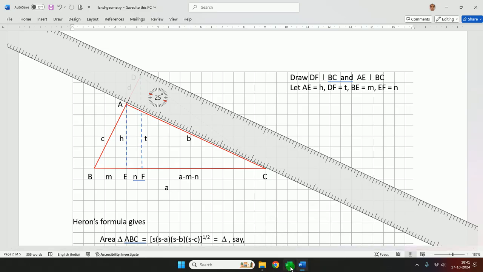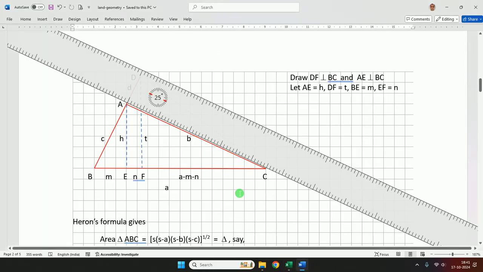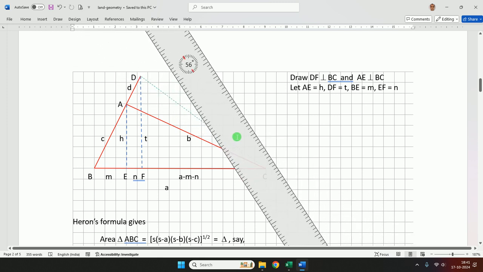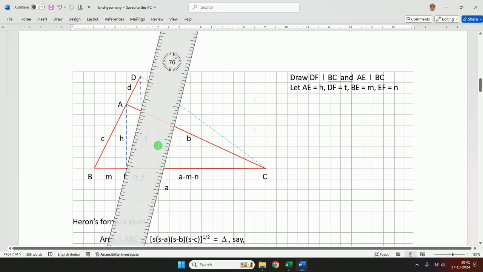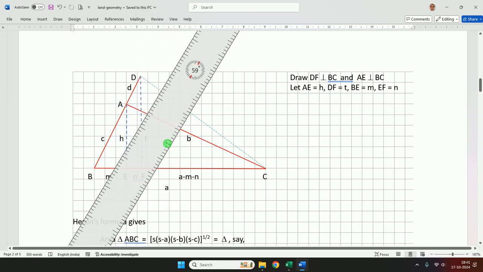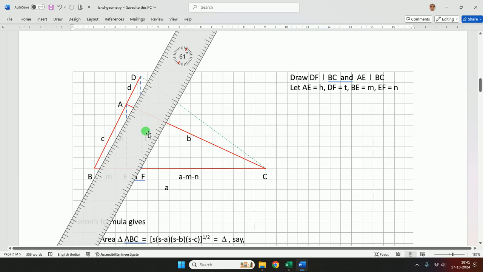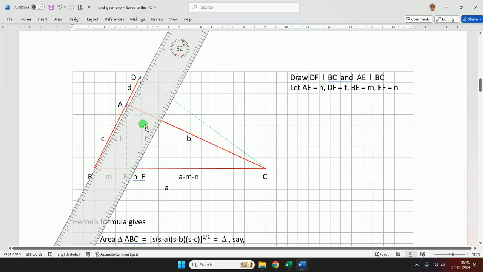So it is 15 centimeter. So b length is 15. And the last one is c. I want this length. So this length is how much?